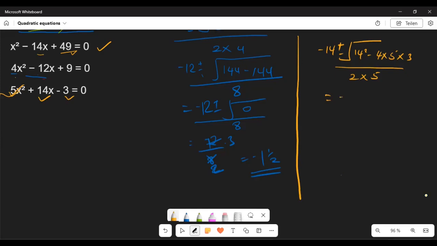So here we have minus 14 plus or minus the square root of 196 minus 60, all over 10. In this case, we have minus 14 plus or minus the square root of 136.